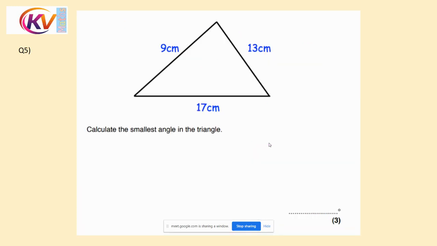Right, next question then. Calculate the smallest angle in the triangle. So see how far you can get with this one and figure out what it is you need to use.